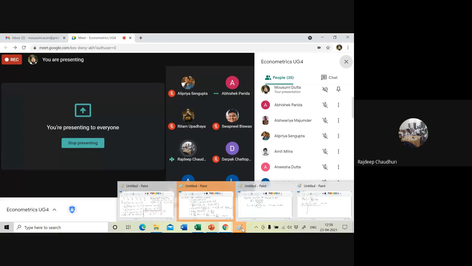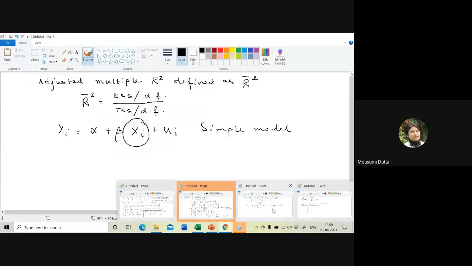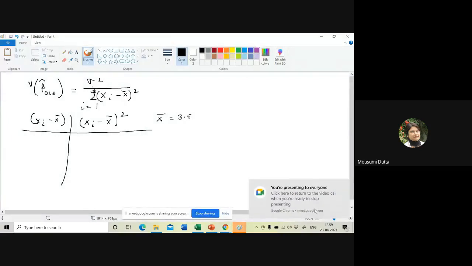Next, calculate the next column. 17.5 will be the total.